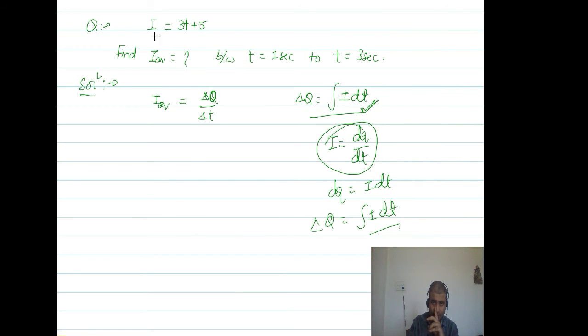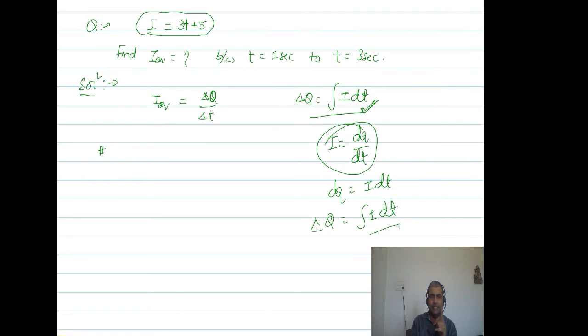The reason is, see, mark it, and this point is to be noted. This is very important point which I am going to tell you right now. Here current is varying linearly with time. This is very important point. This is very important step of this problem.